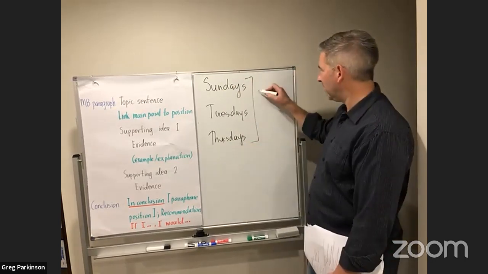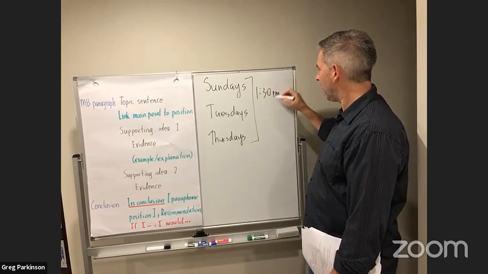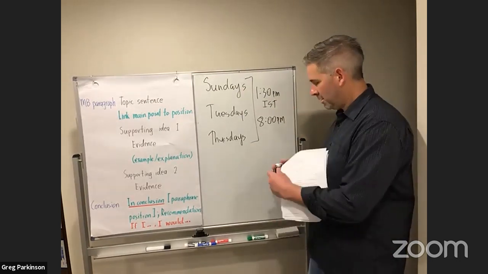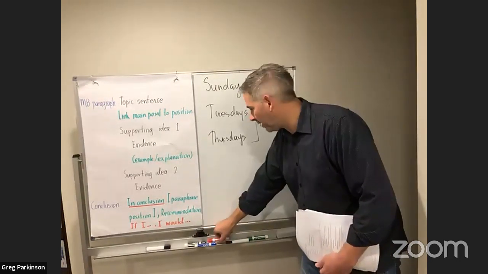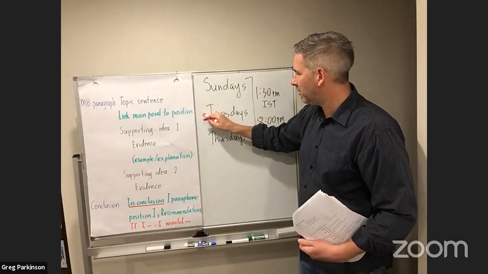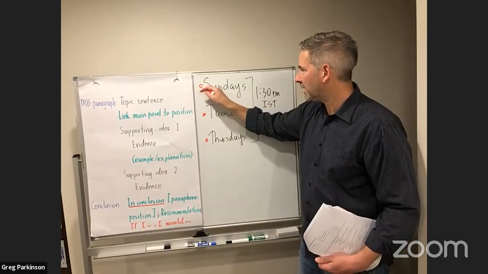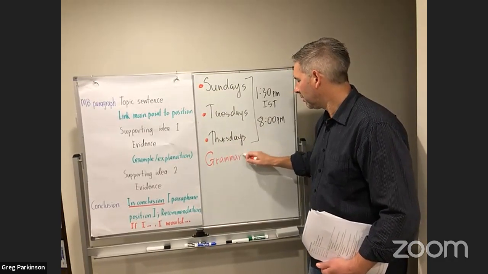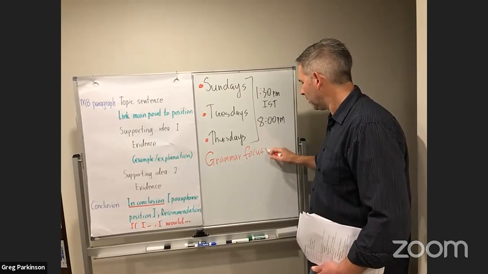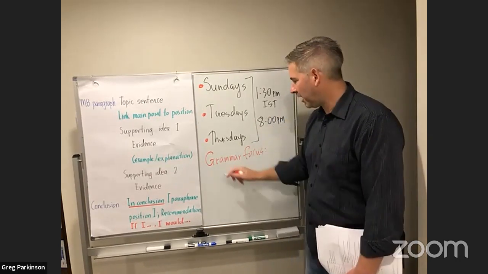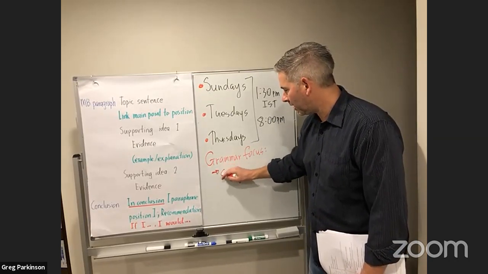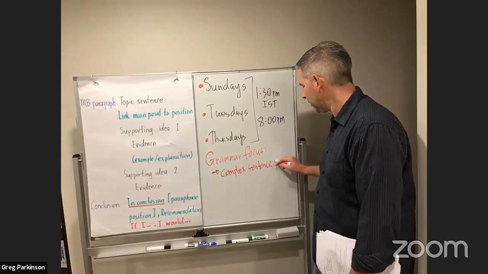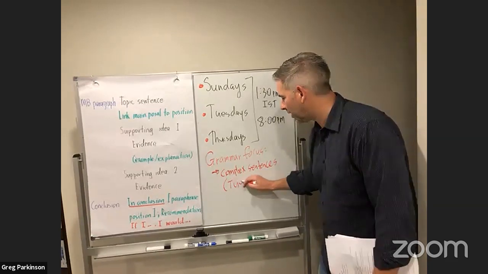At this stage, we're sticking with 1:30 p.m. Indian Standard Time, which here in New Zealand is 8 p.m. But for the next 3 webinars, so the Tuesday webinar, the Thursday webinar, and then back to Sunday, we're going to have a grammar focus. Now, the first focus I'm going to have will be complex sentences. So that'll be the Tuesday webinar.